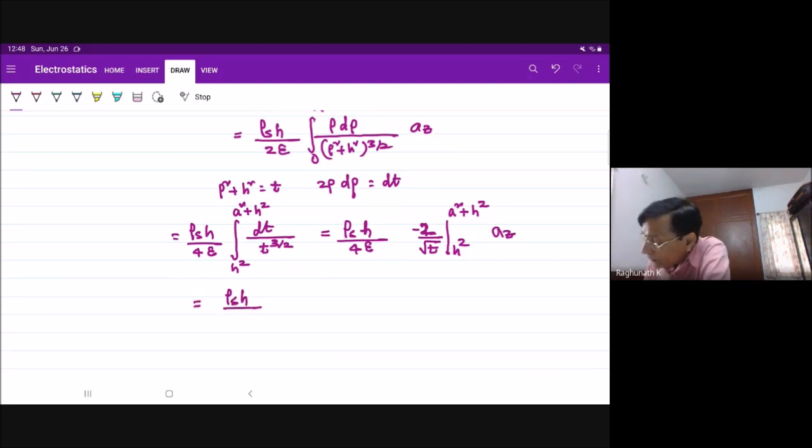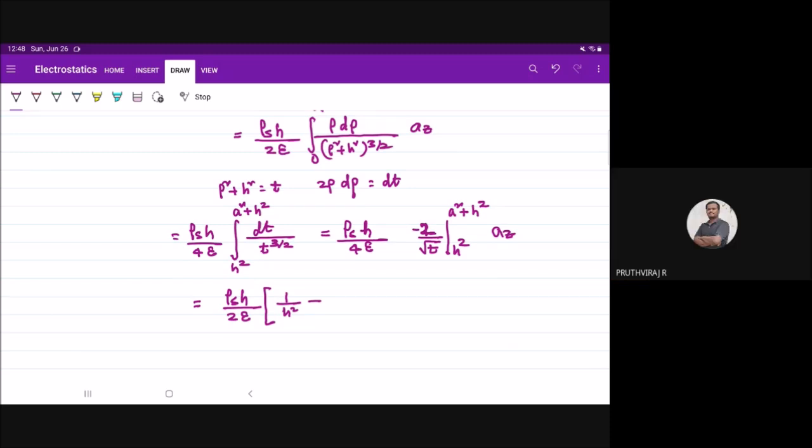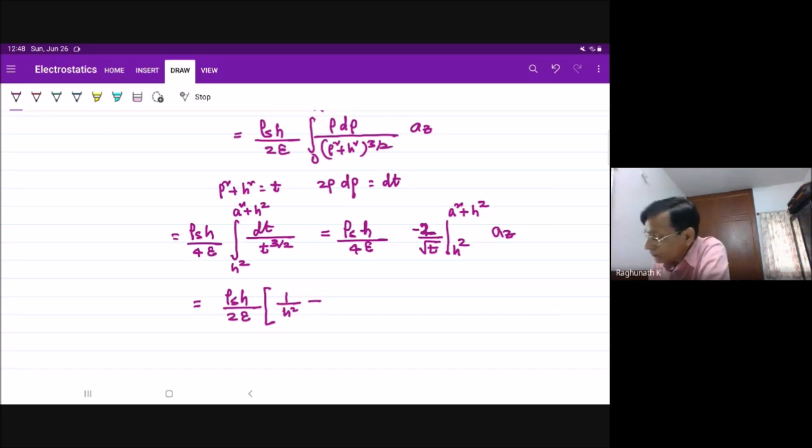Rho s h by 2 epsilon into first lower limit 1 by h squared, correct only, minus, because it is minus sign. Sir, 1 by h, 1 by h minus 1 by root of a square plus h squared, a z.